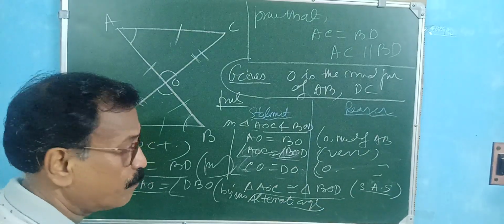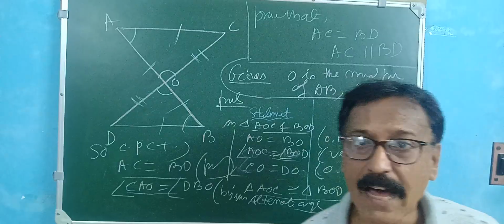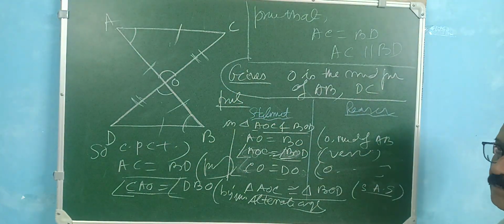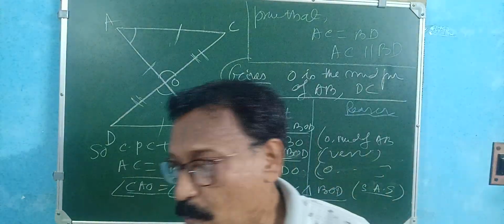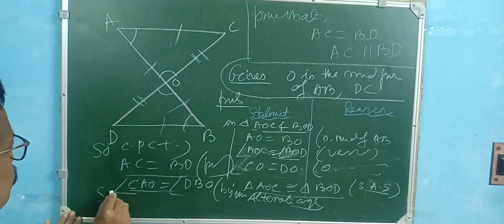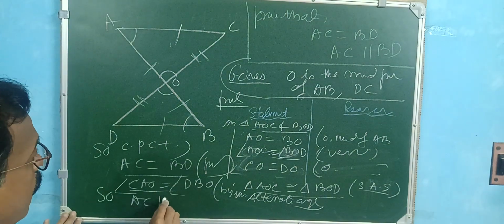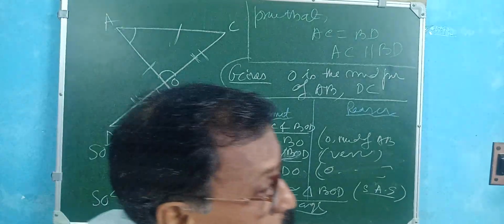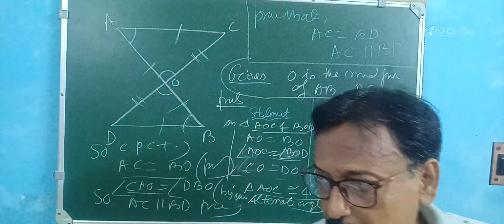Very important thing: this angle and this angle are the alternate angles. When the alternate angles are equal, that means AC is parallel to BD. Proved. This is very important.